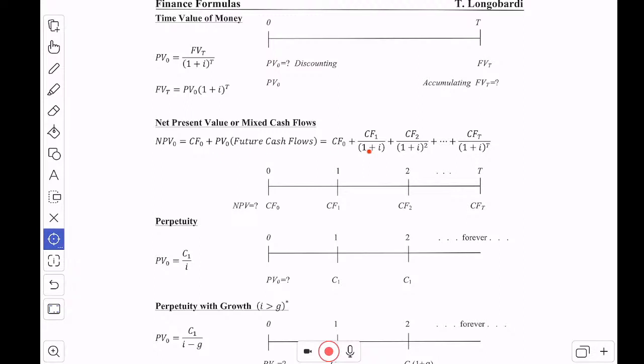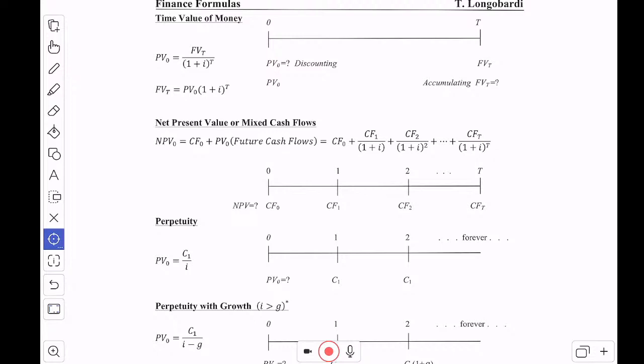Now you notice in this formula, before we get to it, this formula looks like what? You should know what net present value is, but I want to relate all the formulas together. I don't want you to think of them as separate formulas so much. What you have here are a series of cash flows that are not necessarily the same. You see, because it says CF1, CF2, CFT.